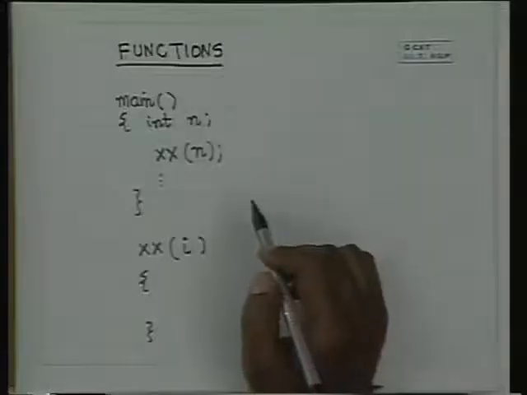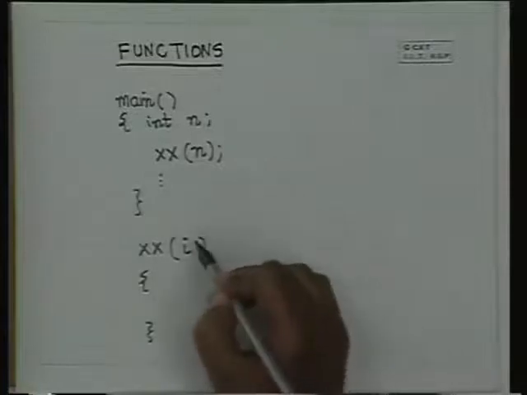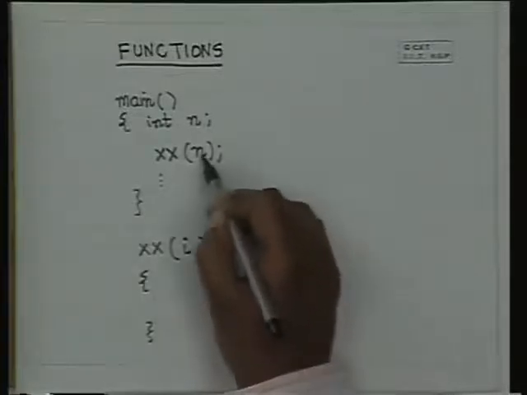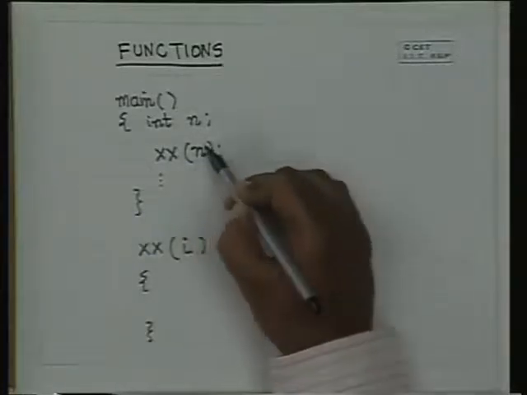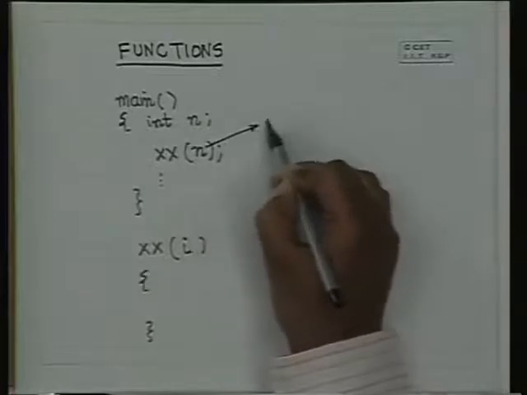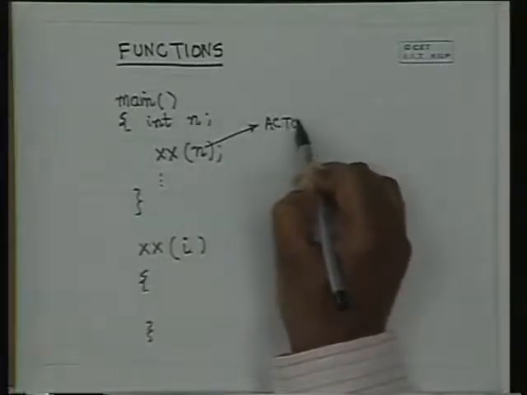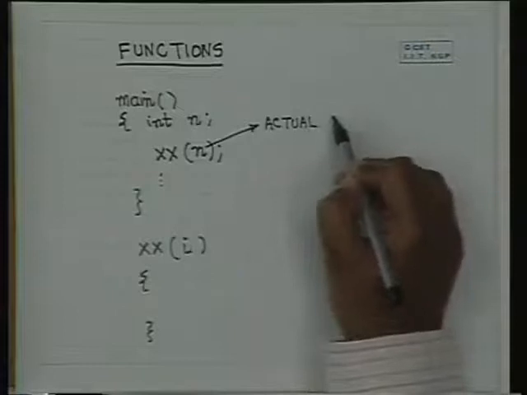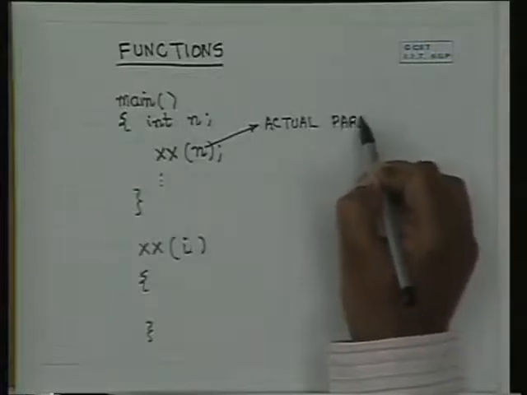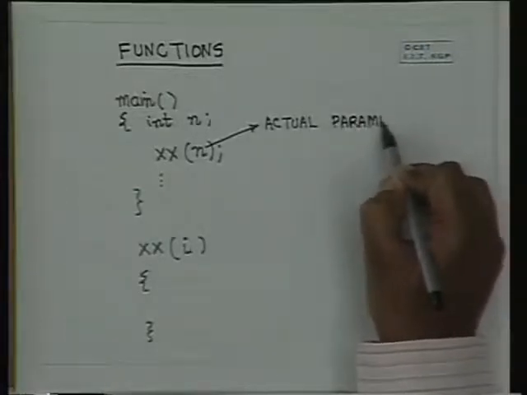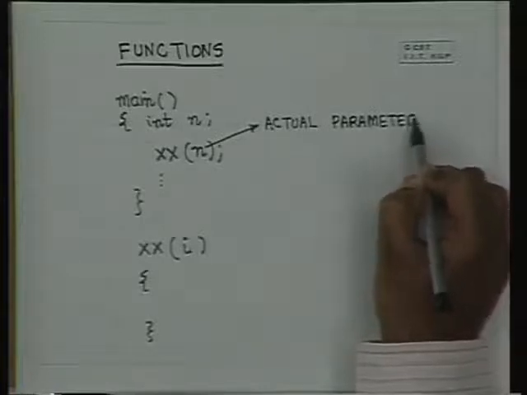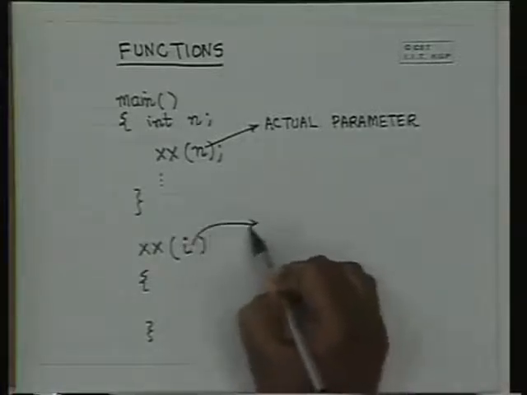Before we move into C language examples, let us clarify some terms. There are two parameters of a function. One is called the actual parameter, and this is called the formal parameter.